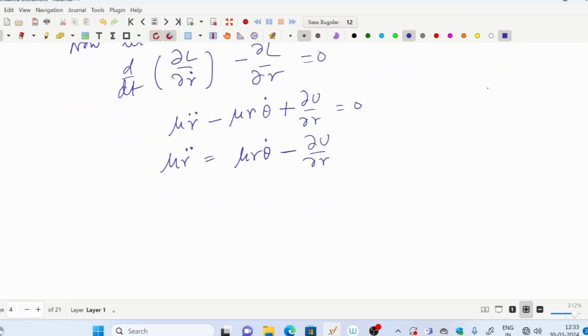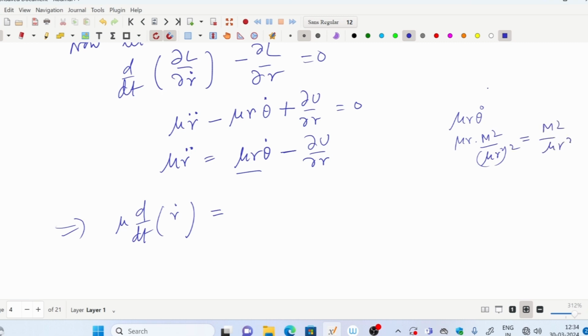Mu I can take outside, d dt of r dot. We can also simplify the term mu r theta dot square: it is mu r times (M by mu r square) whole square, so this will be M square by mu r cube, minus del U del r.